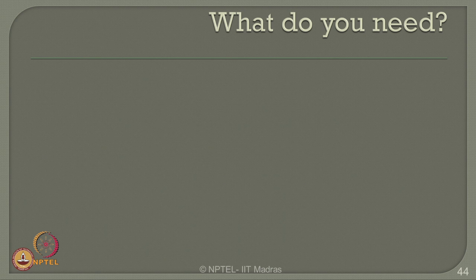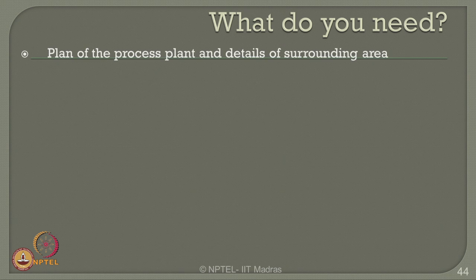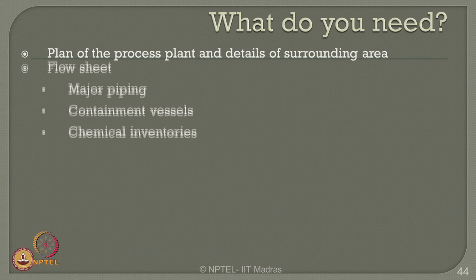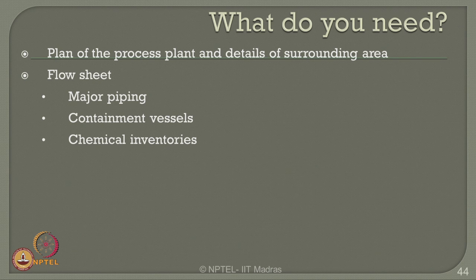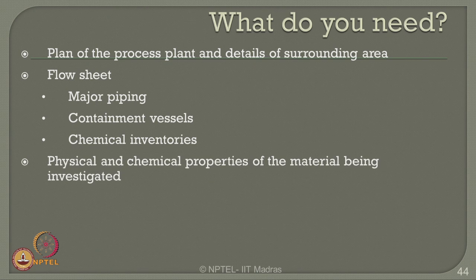What do you actually need to do a chemical exposure index analysis? You require the plan of the process plant. You also require details of the surrounding area in terms of population. You require a flow sheet which involves major piping, location of containment vessels and their capacities, and most importantly a list of chemical inventories present in the space of the working plant. You require to identify the physical and chemical hazards from the given properties.